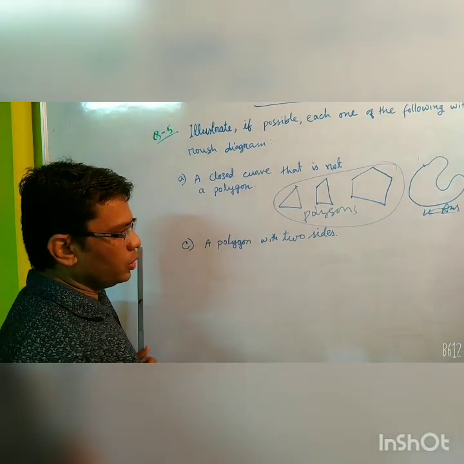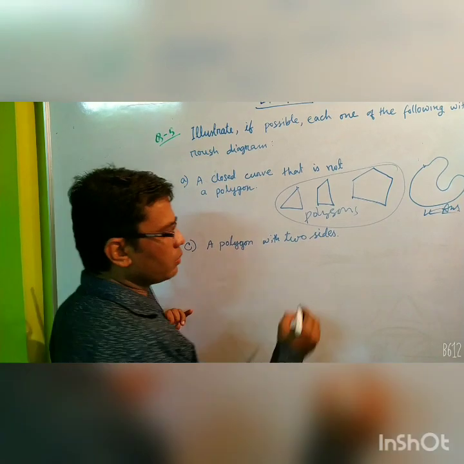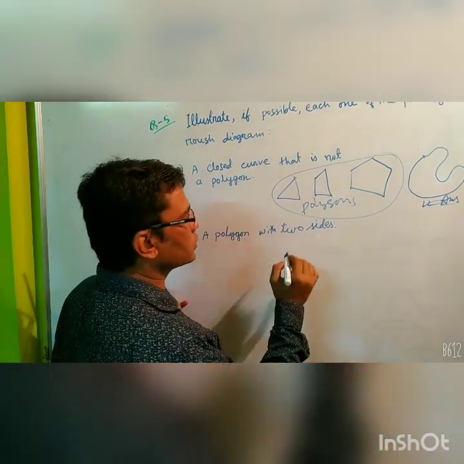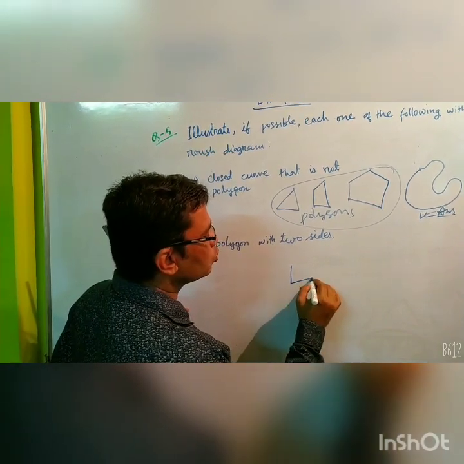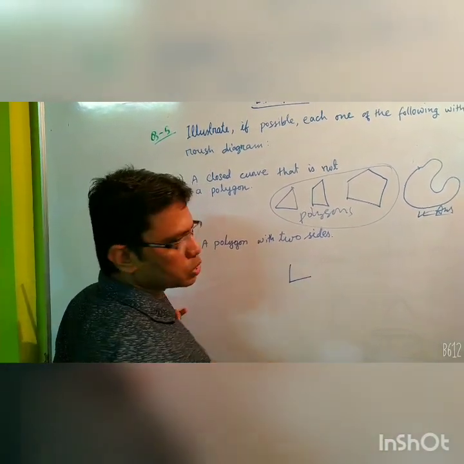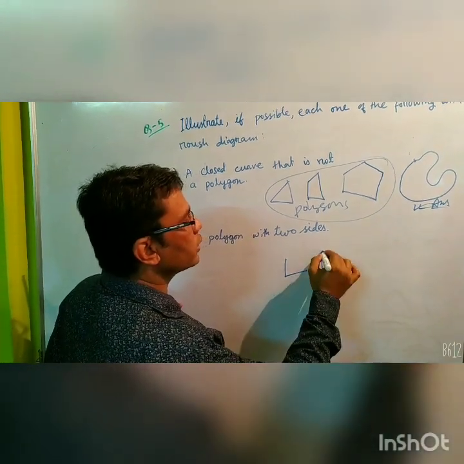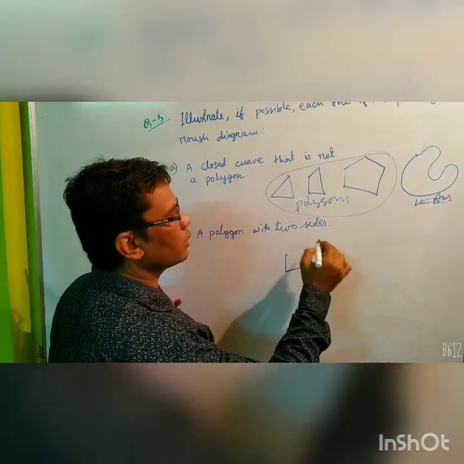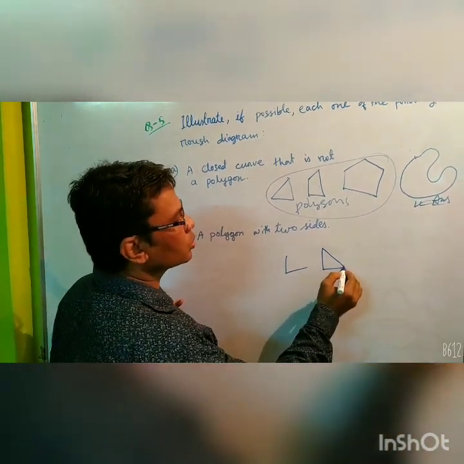A polygon with two sides. And what is a polygon? A polygon is a closed curve. But if we draw two sides, then it is not possible to draw a closed curve. If we draw three sides, then we can draw a closed curve.